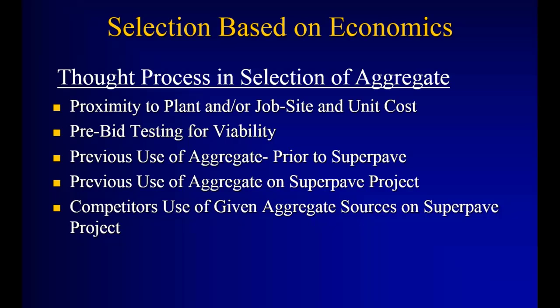Will it work? Does it have too much shale in it? Is the LA low enough, I should say? Is it hard enough? What's the FAA, fine aggregate angularity, depending if I'm going to do a two-phase crushing operation, say jaw and cone, or jaw and VSI, HSI, what can I make out of that aggregate source?